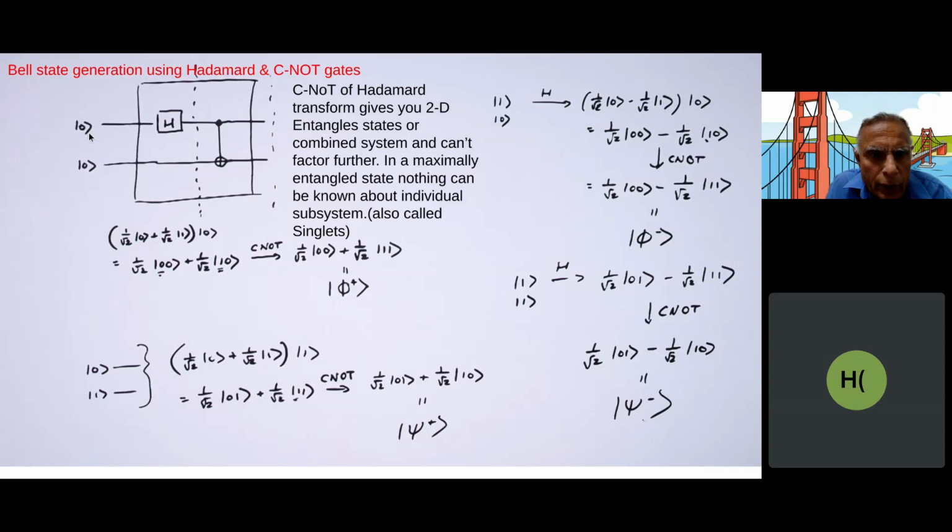If you have a Hadamard gate and you give input ket 0, and to the second wire you give ket 0, both of them are ground states.